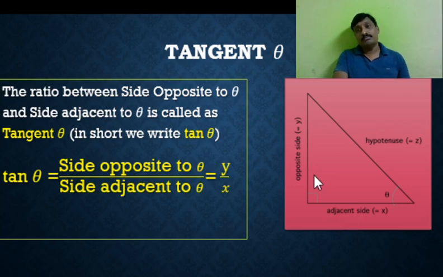Now if I take them in reverse as reciprocals, for example, instead of opposite by hypotenuse I call it hypotenuse by opposite, then hypotenuse by adjacent, similarly adjacent by opposite. So now I am going with the next three ratios, which are the reciprocals of the first three ratios. First I am going to take the reciprocal of tangent.